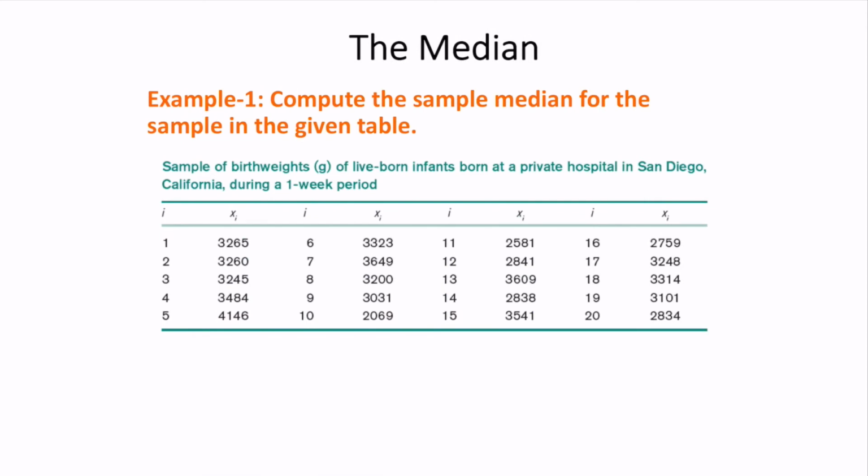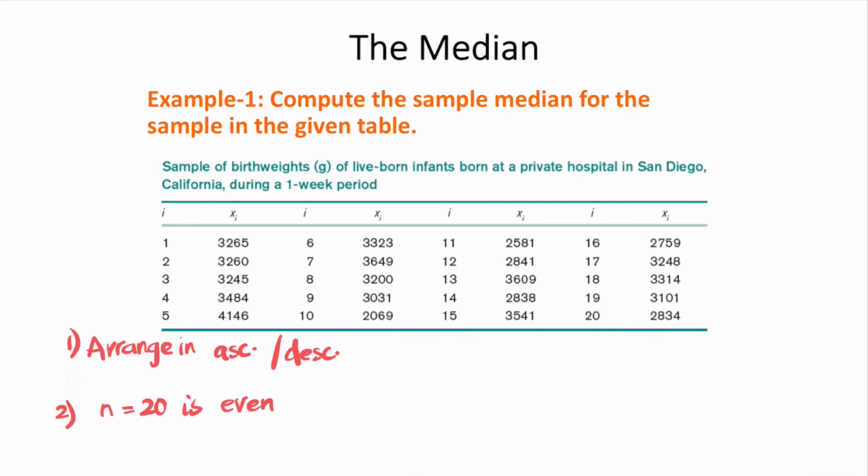So now you have the data. The first thing that you have to do here is arrange the data in either ascending order or descending order. Second, the total number of observations is 20, which is even.